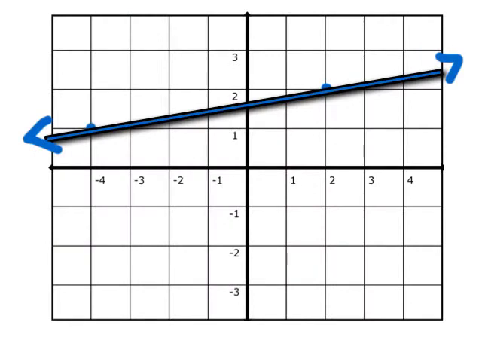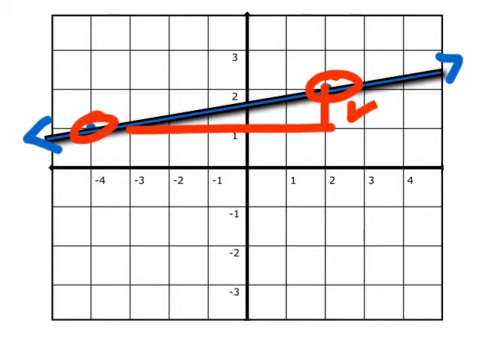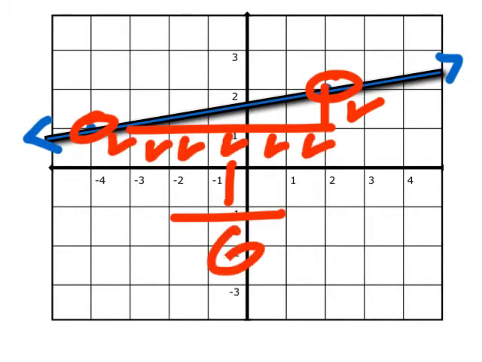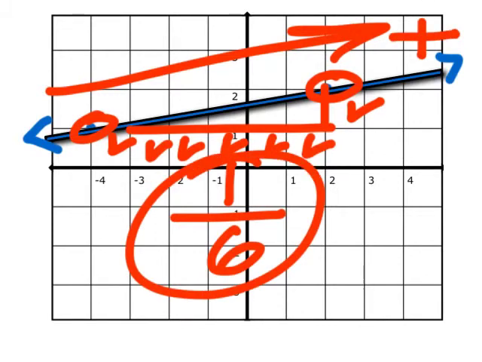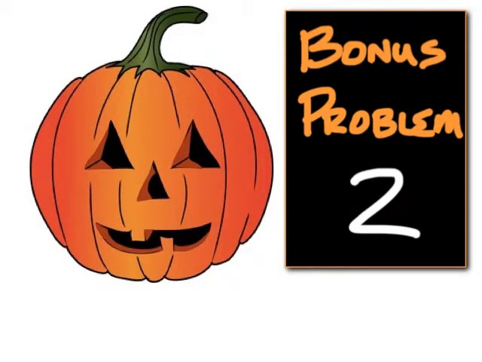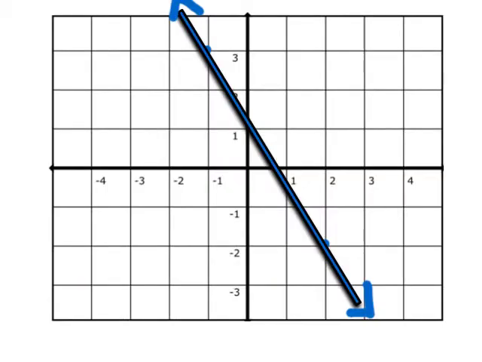Practice problem number 2. What is the slope of this line? Here's this point and this one. Make a triangle, and you have 1 for the rise, and 1, 2, 3, 4, 5, 6 for the run. Since it goes to the right, it's positive, so it's positive 1 over 6.